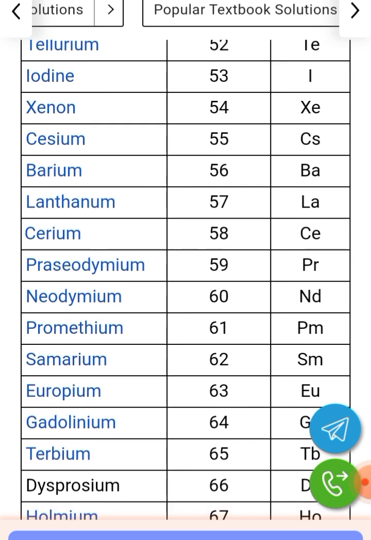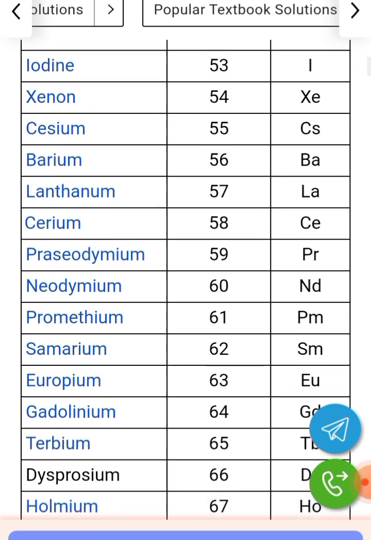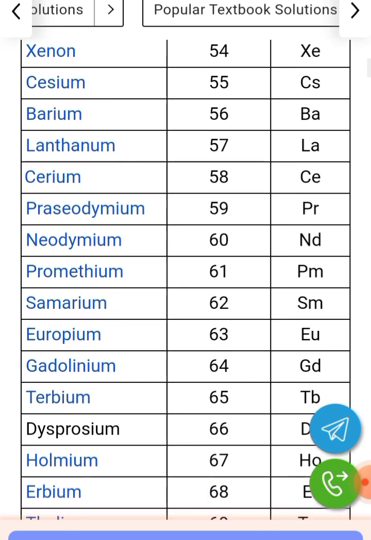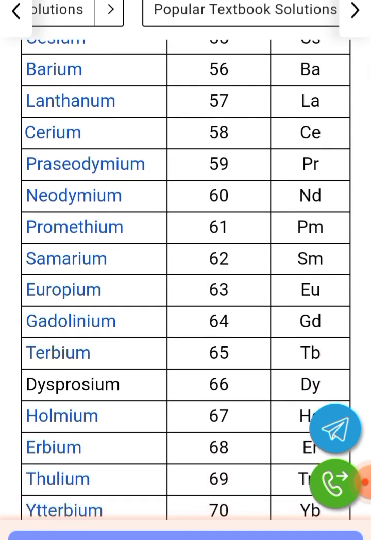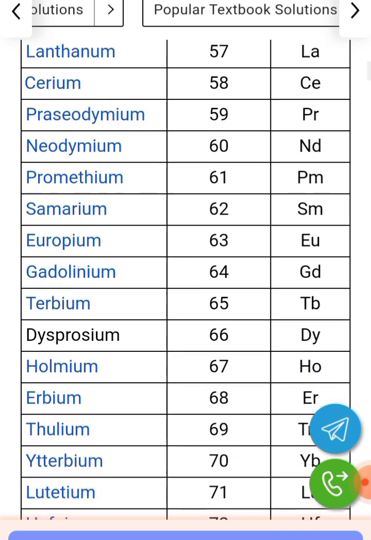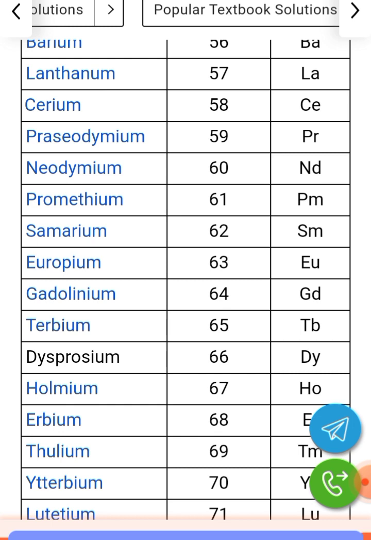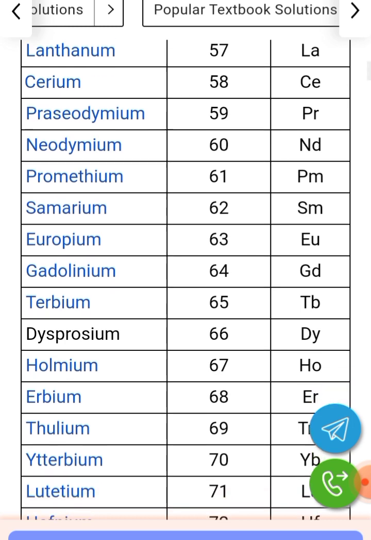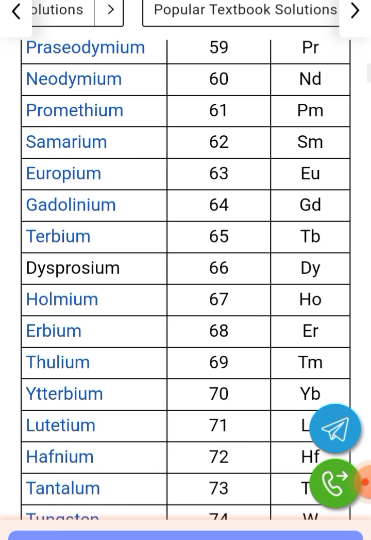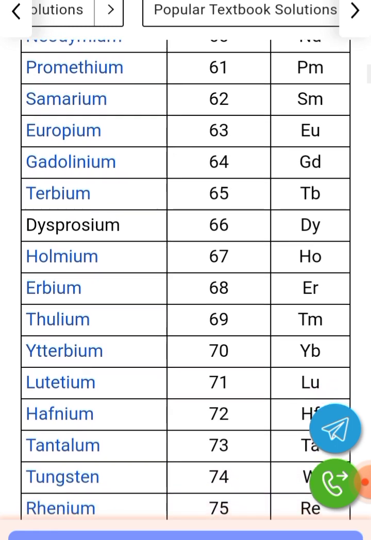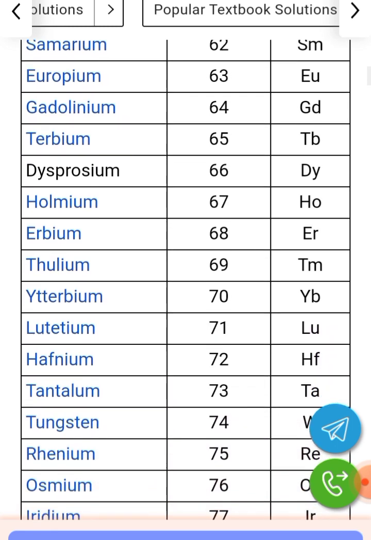So we have iodine, xenon, cesium. Have barium, not boron. Barium. Have lanthanum. You can see there are many of them here.